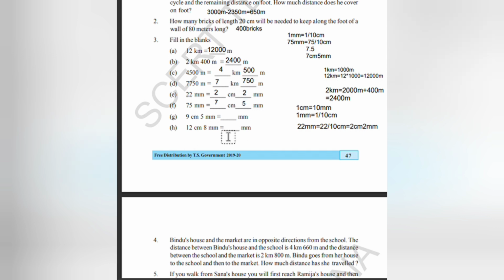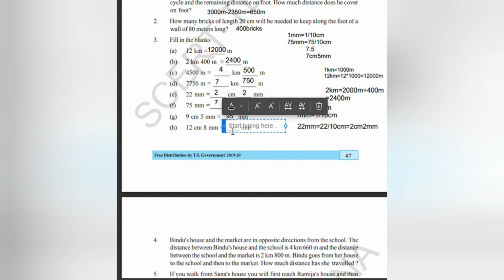Okay, 9 centimeter 5 millimeter. How can we write this as millimeter alone? This will be 95 millimeter, and here it will be 128 millimeter. So 9 centimeter 5 millimeter is equal to 95 millimeter.